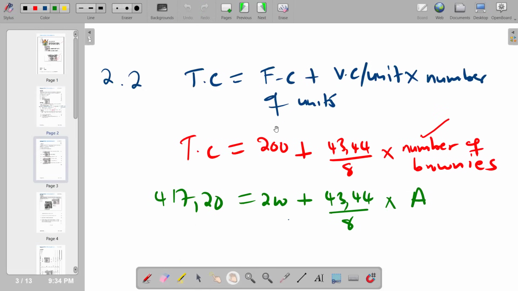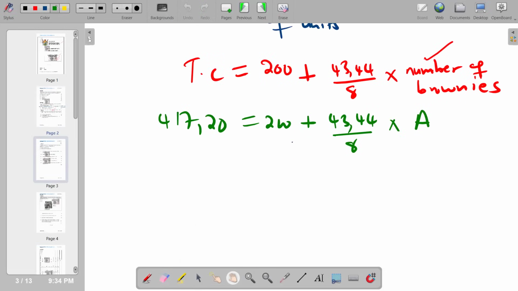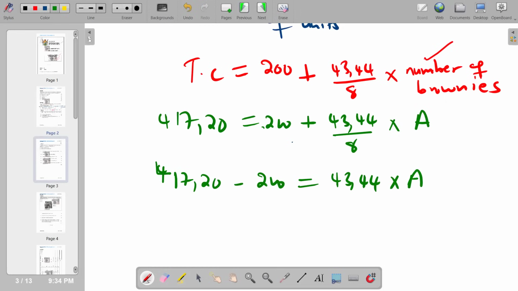With that, we make A the subject of the formula. We start by taking 200 to the other side: 417 Rand 20 cents minus 200. If a positive 200 goes to the other side, it becomes a negative. So it equals 43.44 times A over 8.